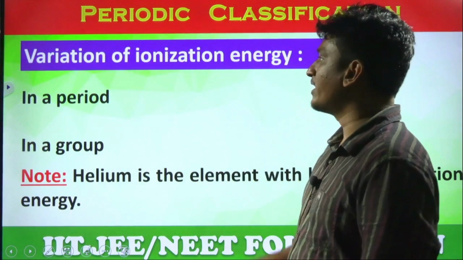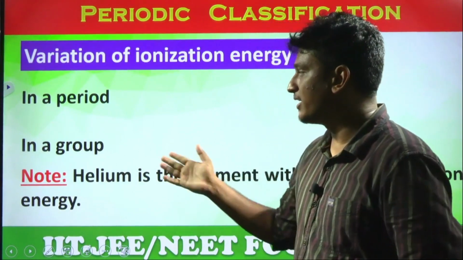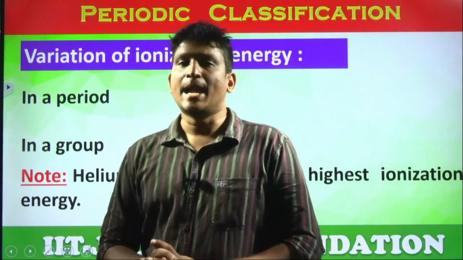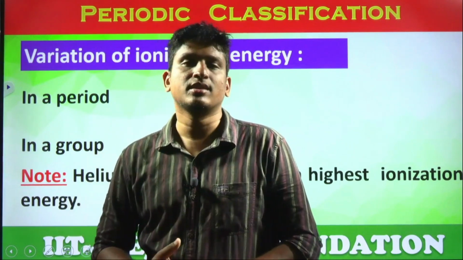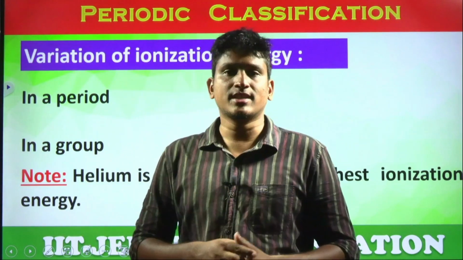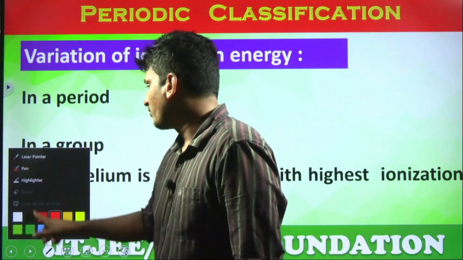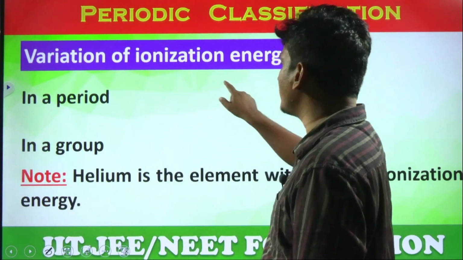Next, variation of ionization potential in periods and groups. IP, top to bottom, what is happening, students? Top to bottom atomic size is increasing, yes or no? So for which atom can we easily remove an electron?